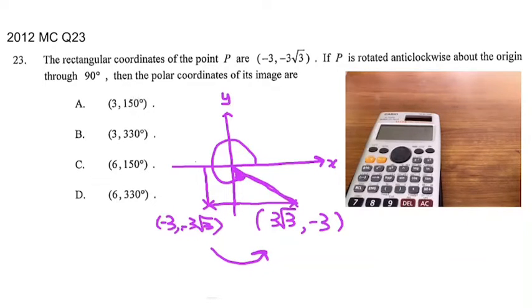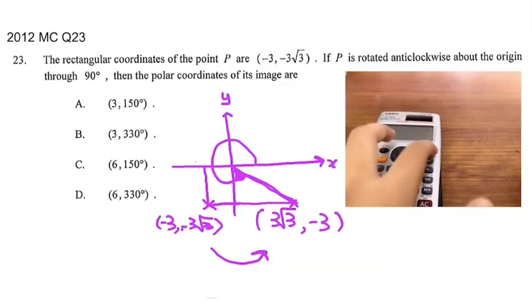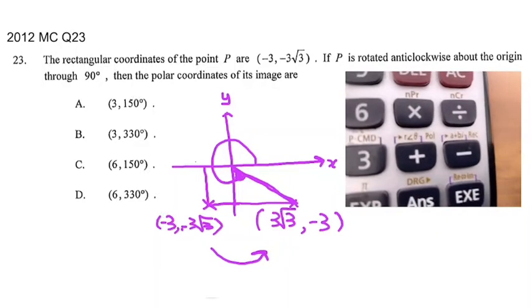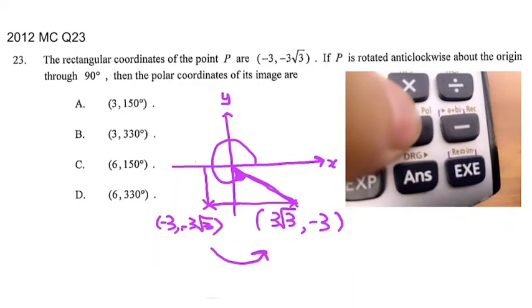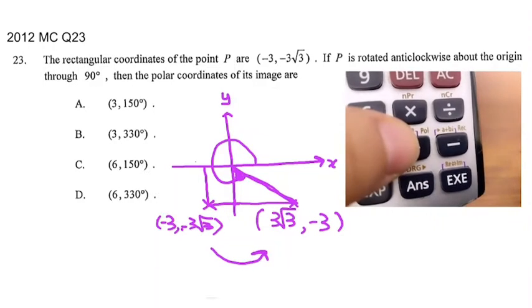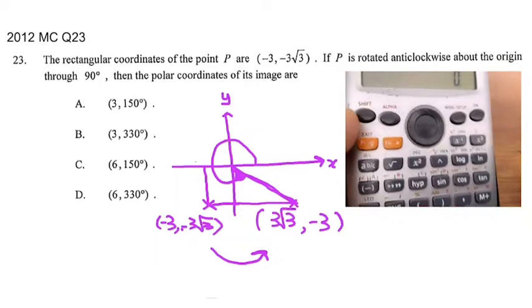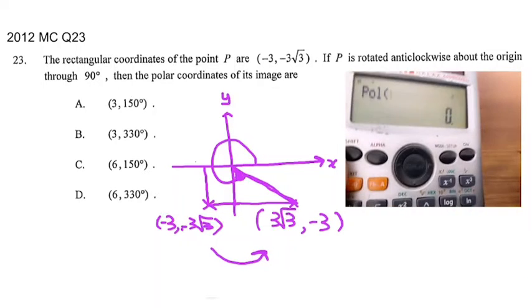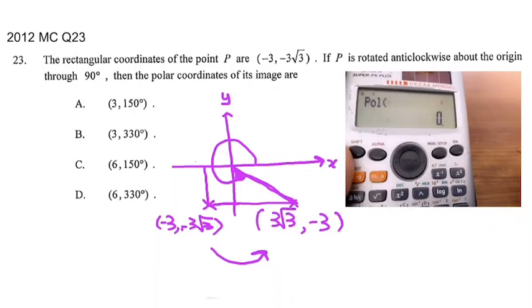But that's so complicated and it takes so much time. So is there any simple method? Well, of course there is. We just have to find polar coordinates. So use your calculator. Do you see there is a polar sign here on the plus? Yes, that is in light brown color, right? So you click Shift on that and you will see Pol.